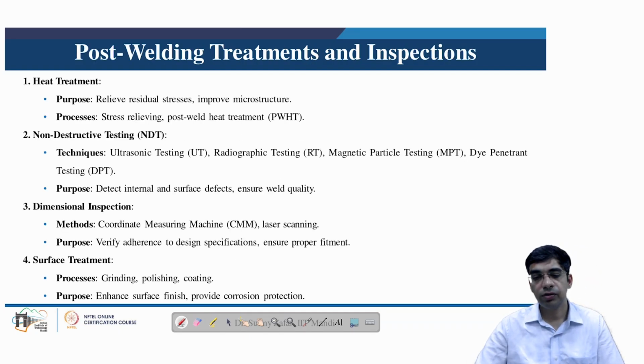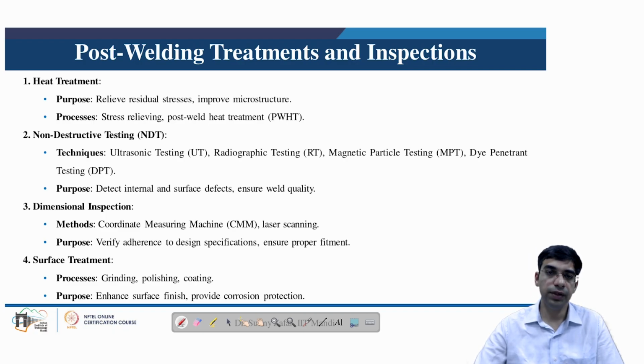Post-weld heat treatment may also be done, and certain inspections may also be conducted. Heat treatment after welding is primarily aimed at relieving the residual stresses and improving microstructure. Non-destructive testing involves ultrasonic testing, radiographic testing, magnetic particle testing, and dye penetrant testing, with the purpose to detect internal as well as surface defects and ensure weld quality.